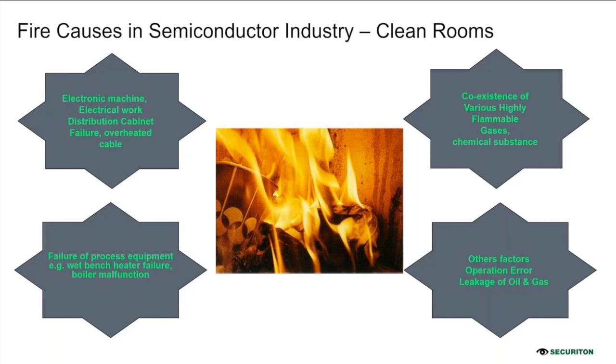This is when we look into clean room applications in the chemical or medical industry. Aside from that, we also have operation errors, like leakage of oil and gases. So these are the common causes that contribute to fire incidents in clean rooms.